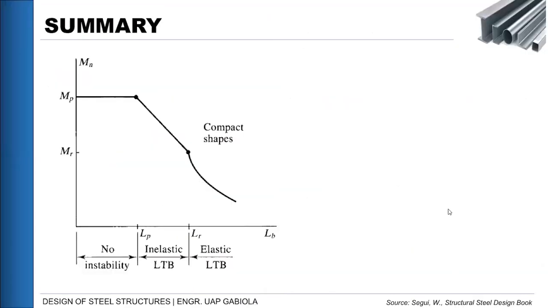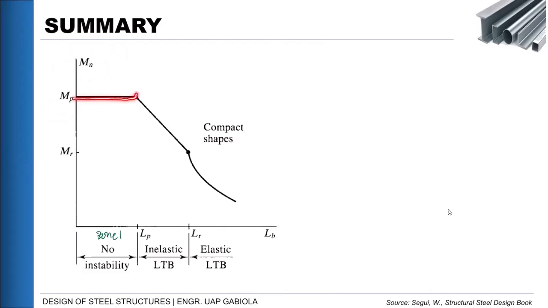So, nung no instability tayo or nung nandun tayo sa zone 1, okay? Nakita natin na yung value ng ating nominal moment is the same as nung ating plastic moment. Meaning, wala tayong instability or fully laterally restrained yung ating member. So, makita natin maximize yung capacity ng mismong beam natin.